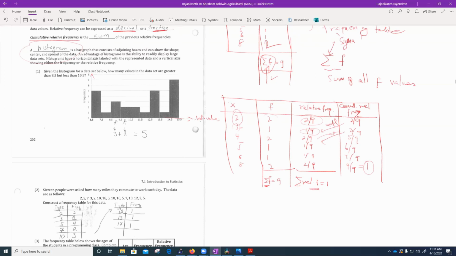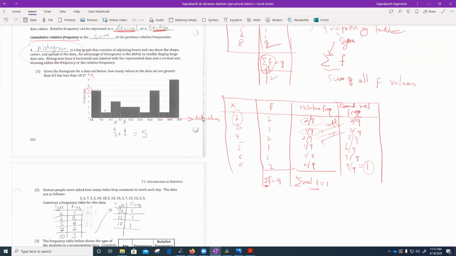If you look at this picture, the first block says there are 5 data values which fall from 6.5 to 7.5. There is only one data value falling in this range, and so on. So this is called the histogram.